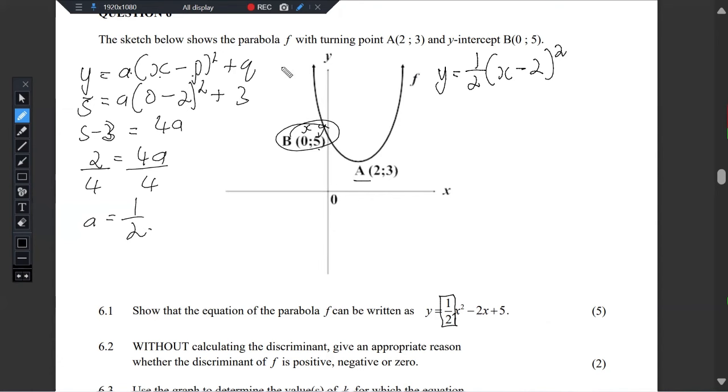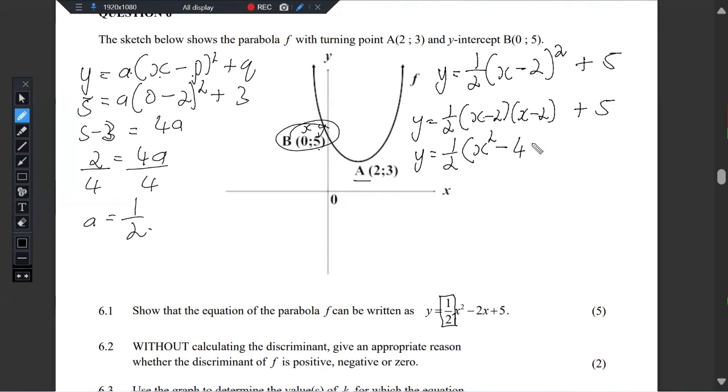So it's a(x minus p) squared, then plus q. Now, we know that if we have a square here, we must expand the expression, and then we can start solving the brackets. x squared; x times negative 2 is negative 2x. Also this is negative 2x, so the middle term will be minus 4x. Negative 2 times negative 2 is positive 4, and then plus 5.